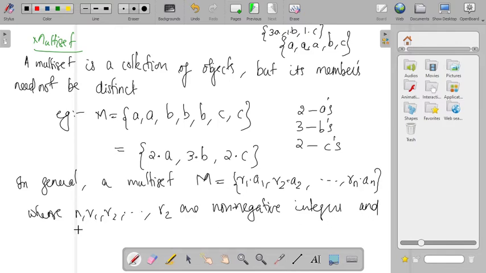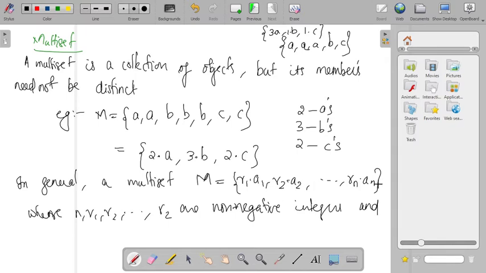So this is the number of repetitions. R1, R2, etc. Rn, they will be the number of times your objects A1, A2, etc. An will be occurring, and n is the number of different objects you have.